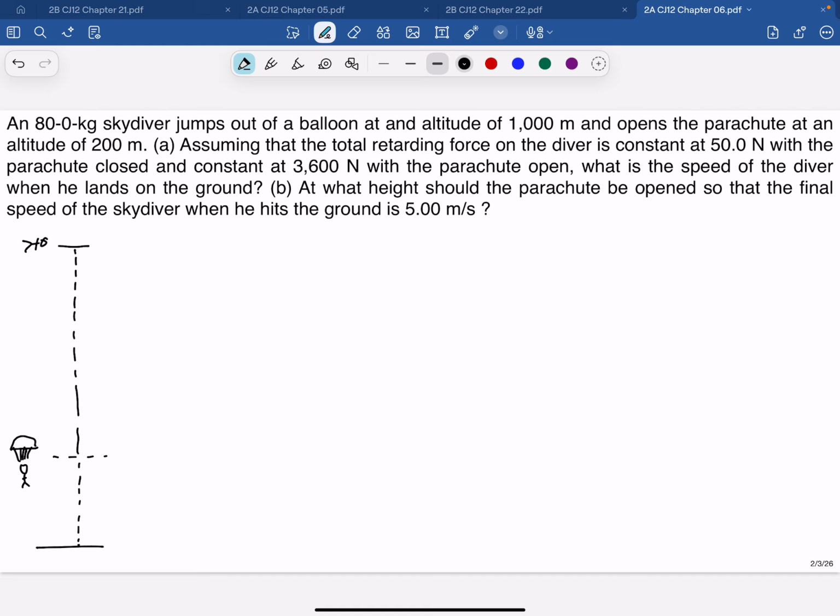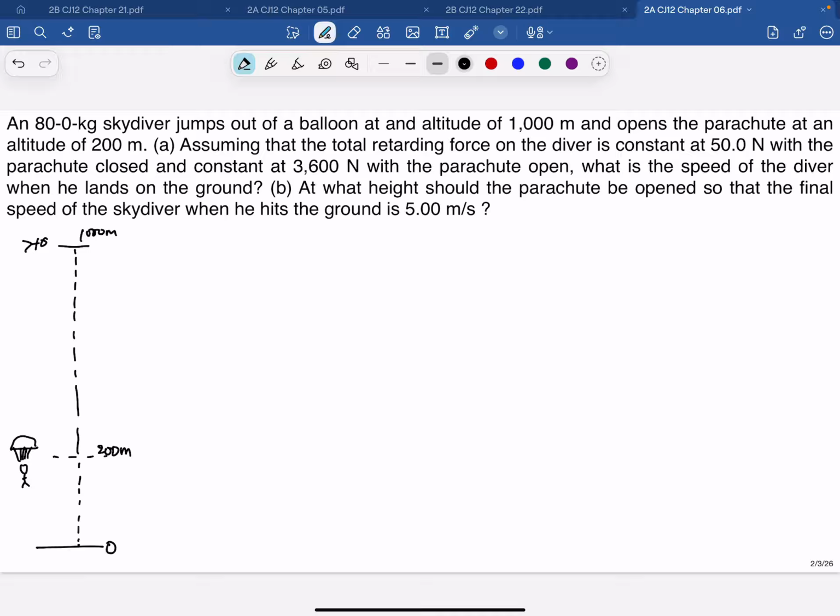It's supposed to be. I'm trying here, guys. Okay, should have drawn a triangle. Should have stuck with the simple shapes. What do I know about how high it is up here? 1,000 meters. And where's this dotted line? 200 meters. This is going to be 0 down here at the ground.